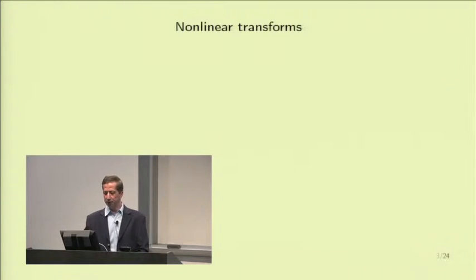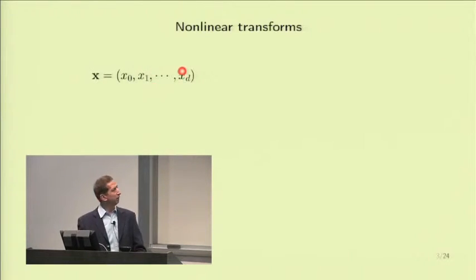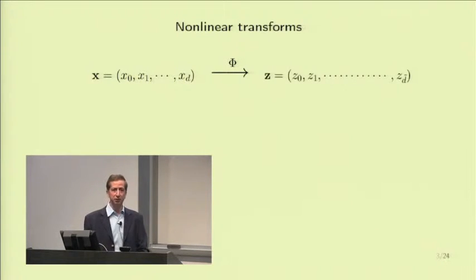Okay, nonlinear transforms. Let's remind ourselves. We were working in an X space, and we had a d-dimensional vector that represents the input, and we added the constant plus 1 coordinate to take care of the threshold. And now we are going to transform this into another space using a transformation we called phi. This takes us into the Z space or the feature space.